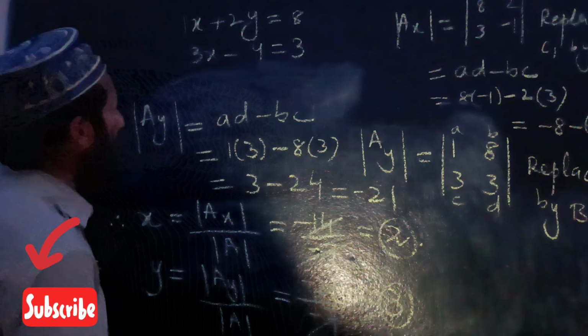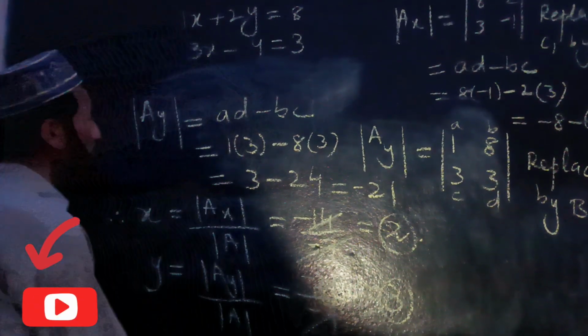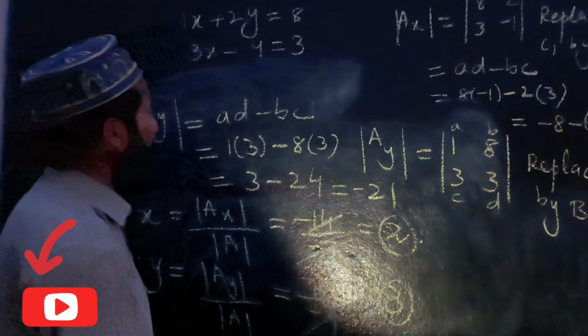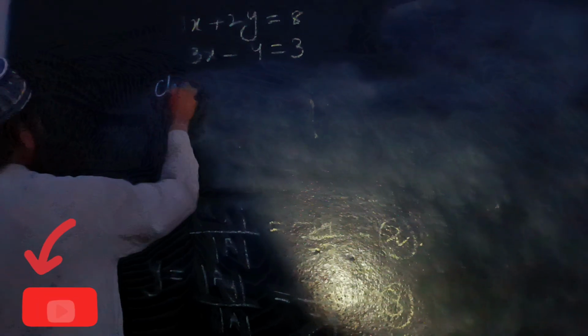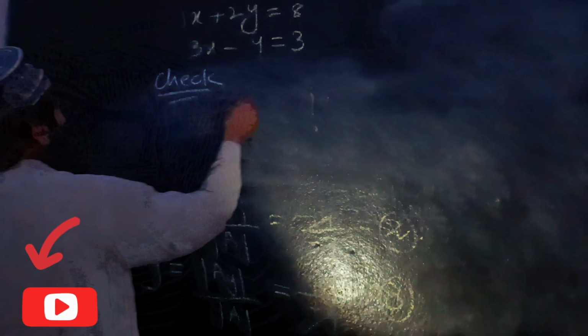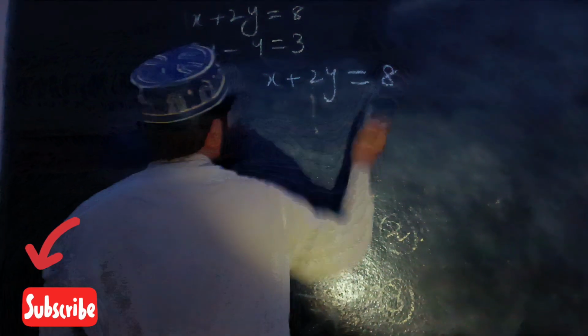If we want to verify whether our answer is correct or not, we substitute these two results in the first or the second equation. Put these two results in the first equation and check: x plus 2y is equal to 8.